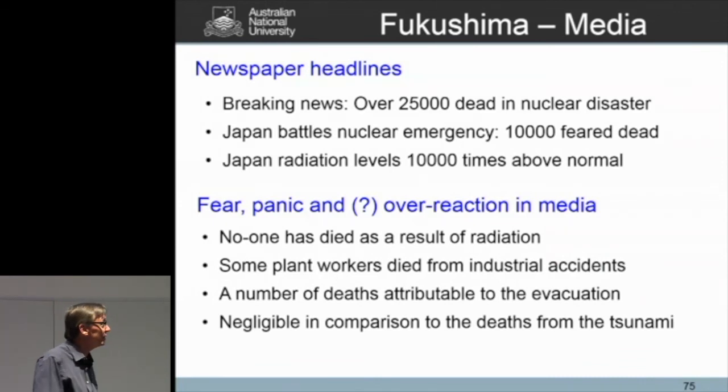And it's a hard decision, I think, for authorities sometimes to make. Should we evacuate or should we not? Certainly, the deaths associated with Fukushima, even factoring in long-term radiation effects, are not a big player compared with the deaths from the tsunami.